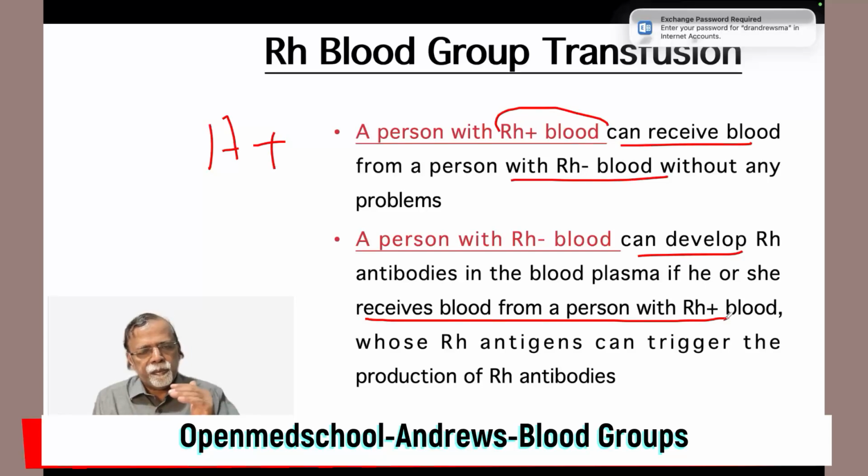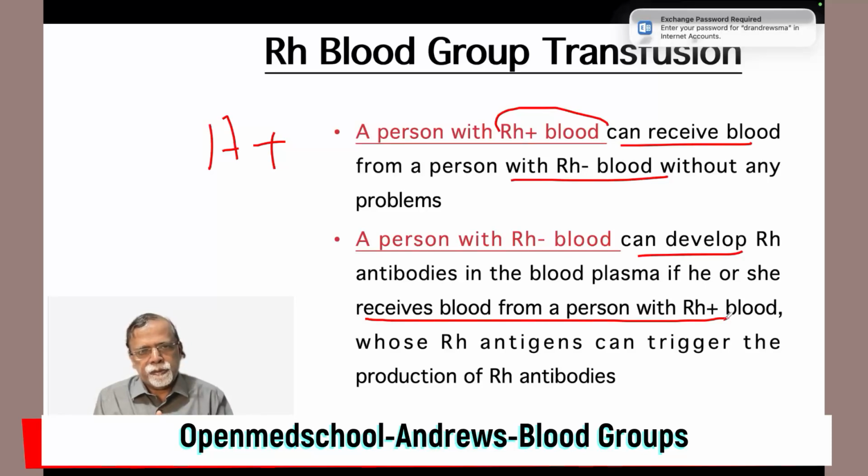Hope it is clear. An A or B negative person can receive A or B negative blood. Suppose they receive positive blood, then in the serum antibodies will be developed against that RH.